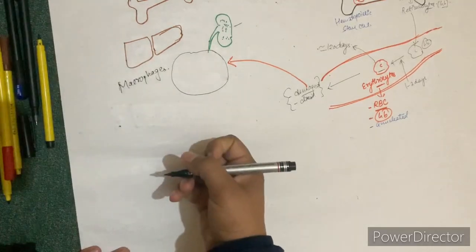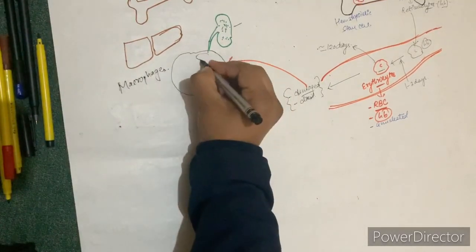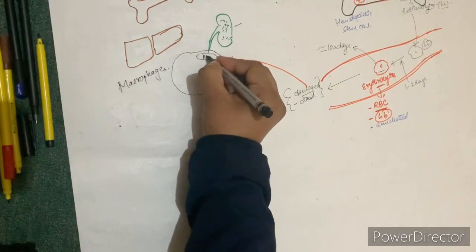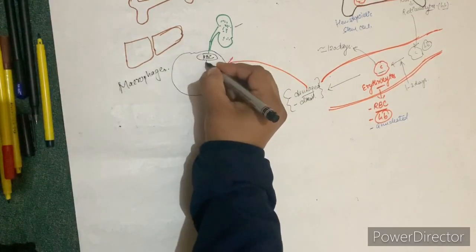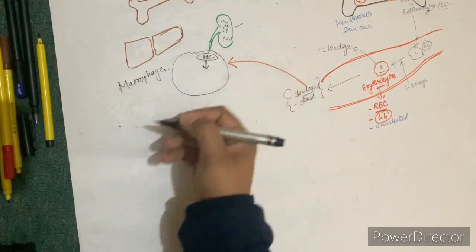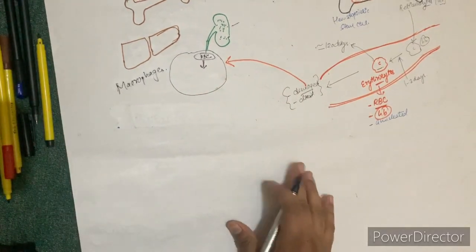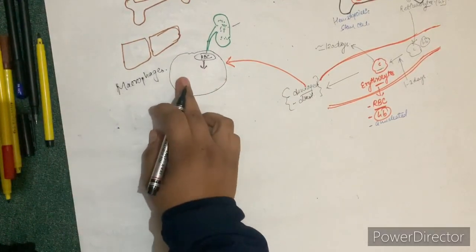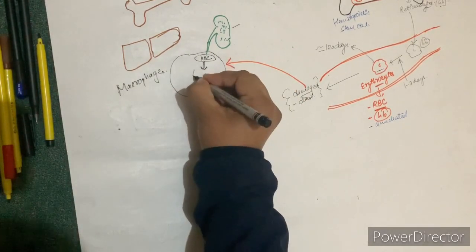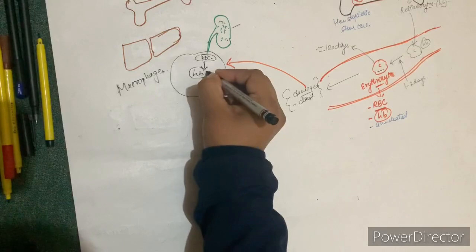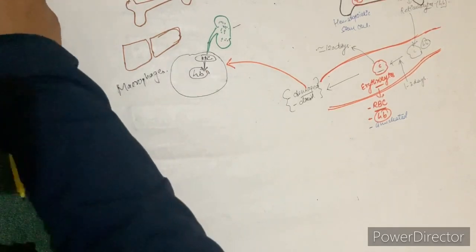Here, this is a damaged or dead RBC. Its degradation starts in the macrophages, which degrade these RBCs and release a lot of hemoglobin.